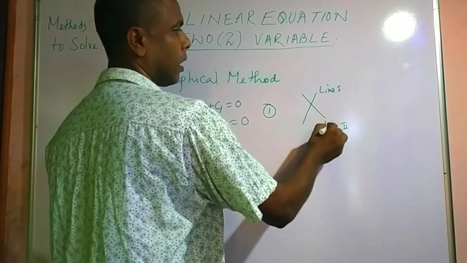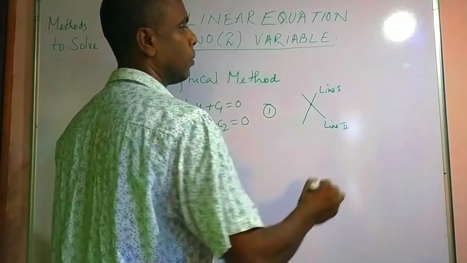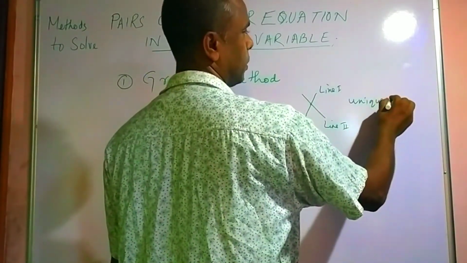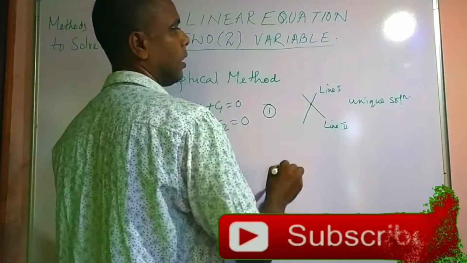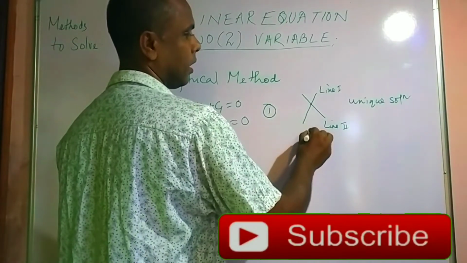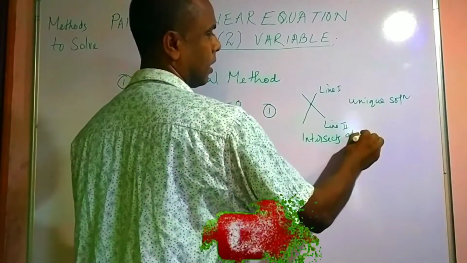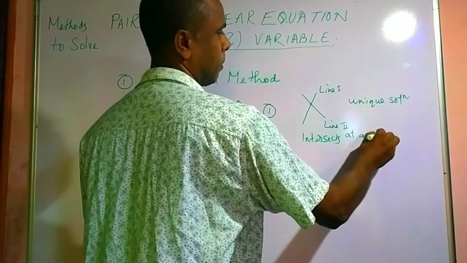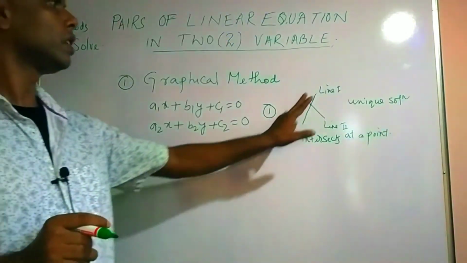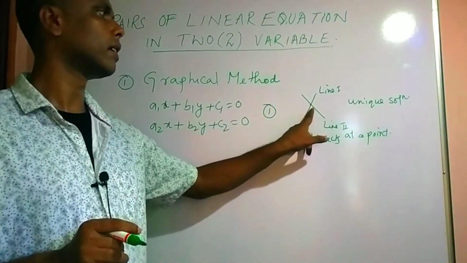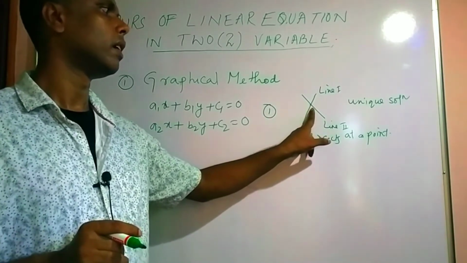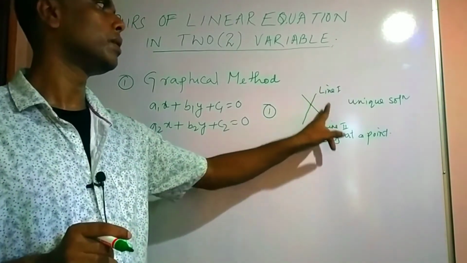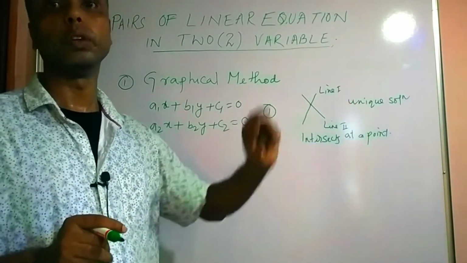If this line 1 and line 2 meets at a point, we get unique solution. If these two lines intersect at a point, then we say these two lines have unique solution.